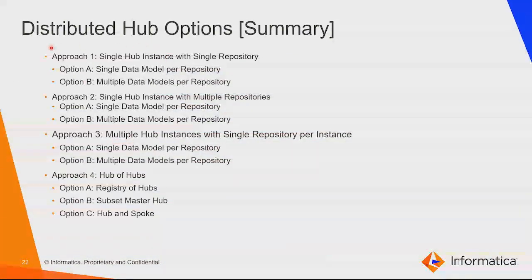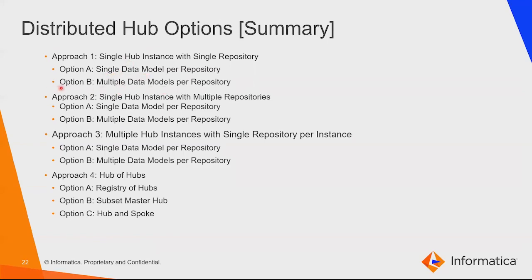In summary, for all the different approaches, the very first one would be a single hub with single repository where you have one MDM install instance and one ORS. And within this single ORS, you could have a single data model or you could have multiple data models. So that is a very simple approach one.